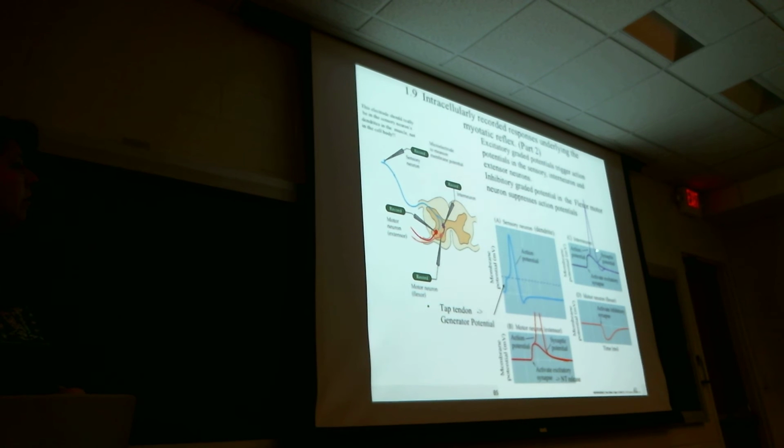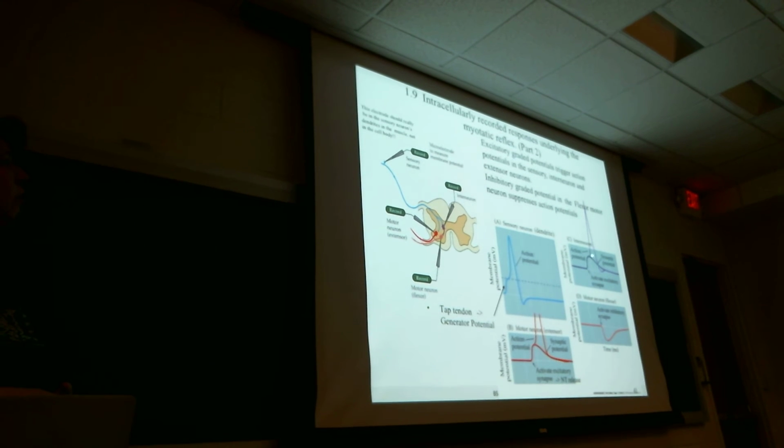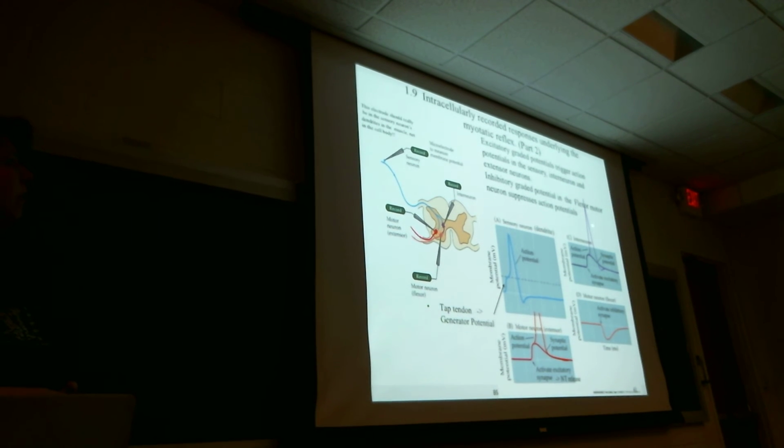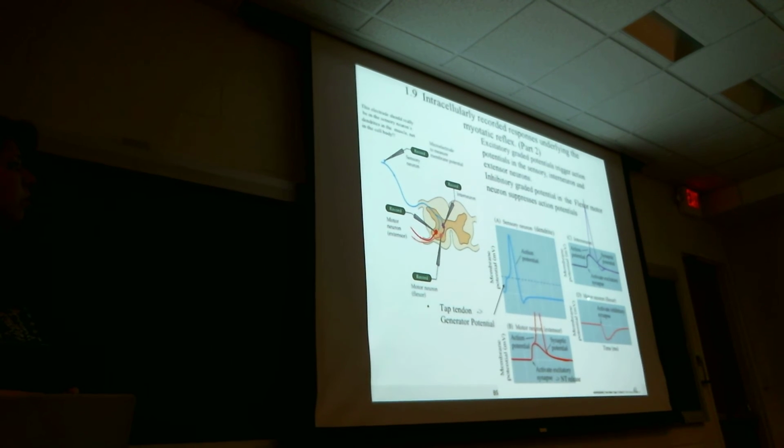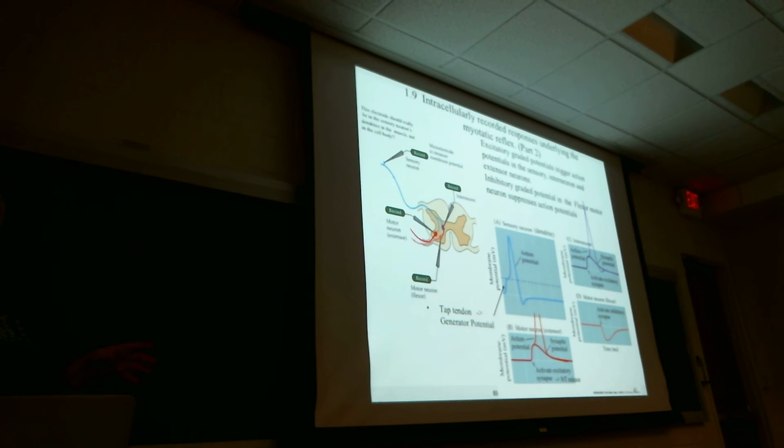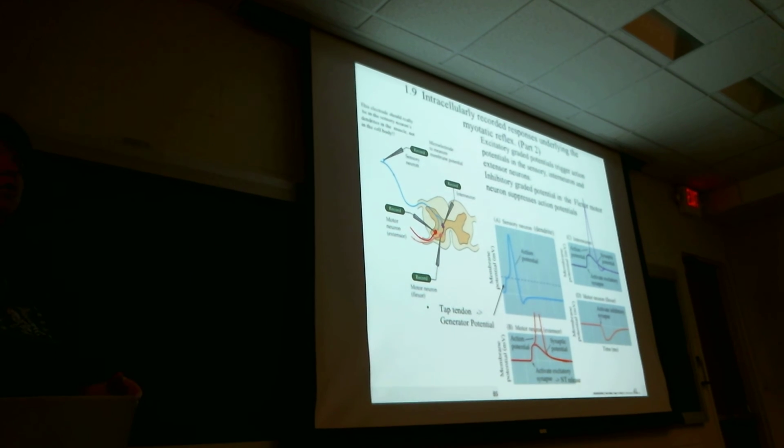In the interneuron, we have a similar thing happening because the sensory neuron basically has the same effect on both of those. You have a graded potential. If it reaches threshold, it fires a spike. Now the interneuron also releases neurotransmitter onto this flexor motor neuron, but the transmitter has an opposite effect, right? And we'll talk a lot about excitatory versus inhibitory.